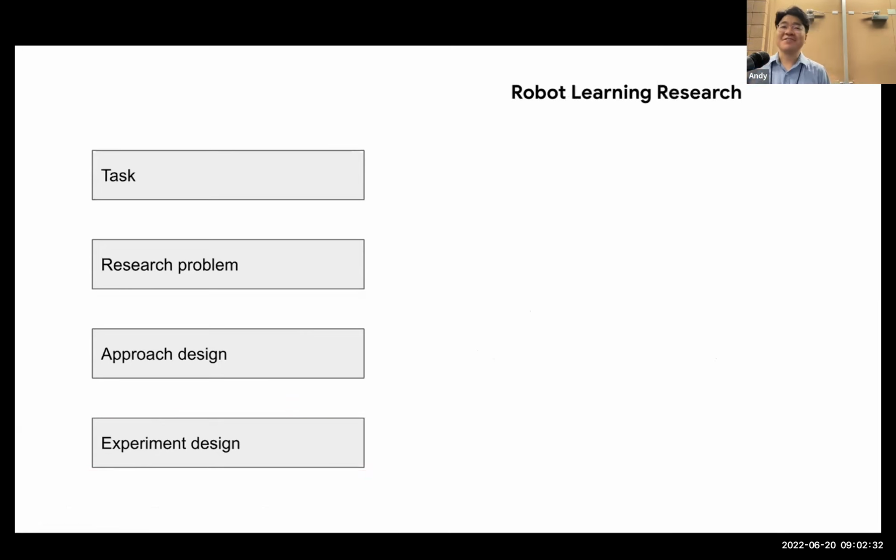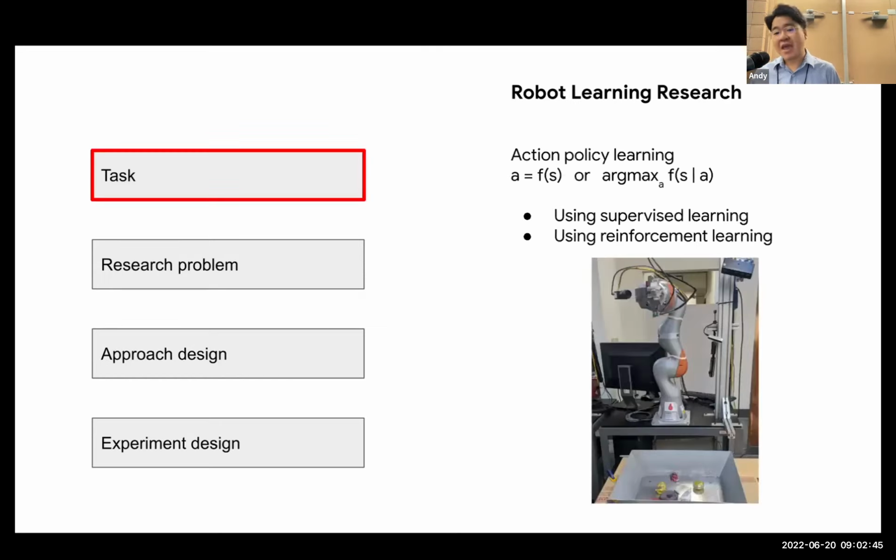Now let us think about what we need to do when we are doing robot learning research. In terms of the task, there are many different robotics tasks, but in particular, what we are talking about today is action policy learning. It's not really too different in some sense from what we do in computer vision.